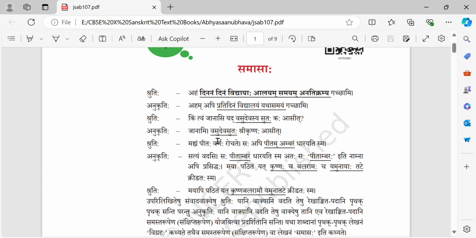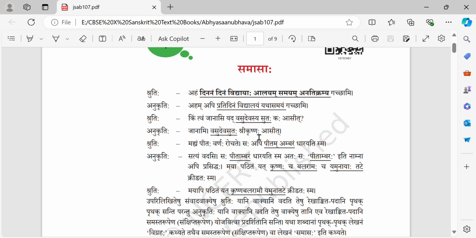Now, if you split the word and write it according to vibhaktis, we call it vigraha vakya. So dinam dinam is the vigraha vakya of the samasa pratidinam. Vidyayaha alayam is the vigraha vakya of the samasa vidyalayam. Samayam anatikramya is the vigraha vakya of the samasa yatha samayam.